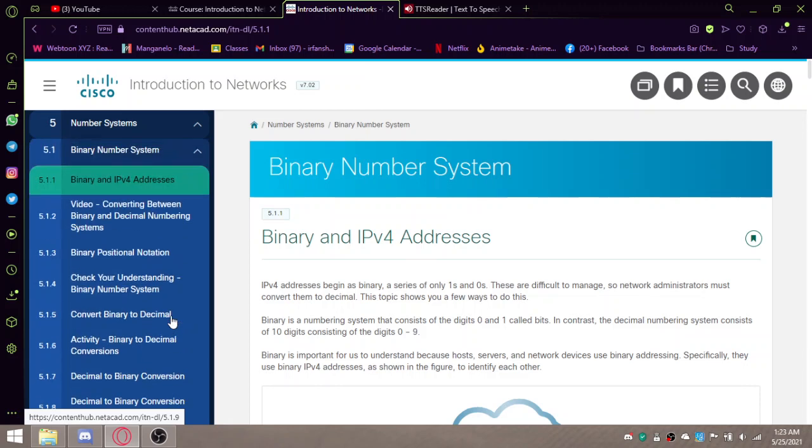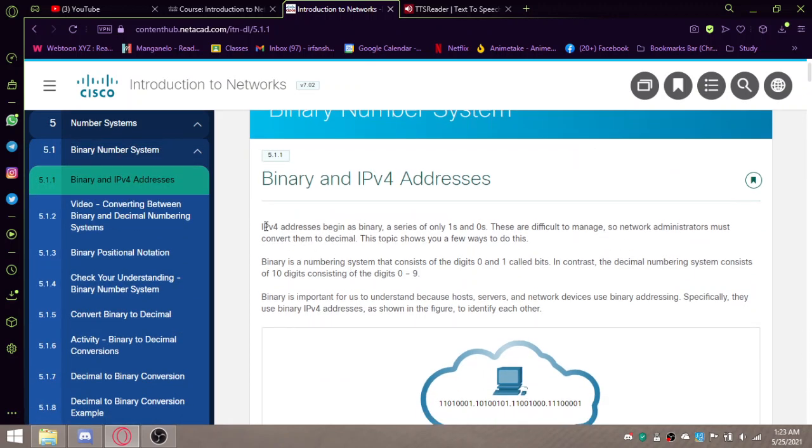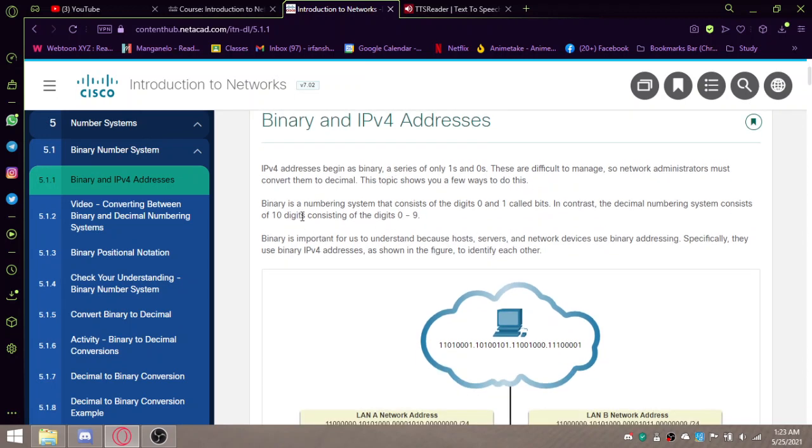Okay, let's go. Binary and number system. IPv4 addresses begin as a binary series of 1s and 0s. These are difficult to manage, so the network administrator must convert them to decimal. This topic shows you a few ways to do this. The binary number system consists of two digits, 1 and 0, called bits.